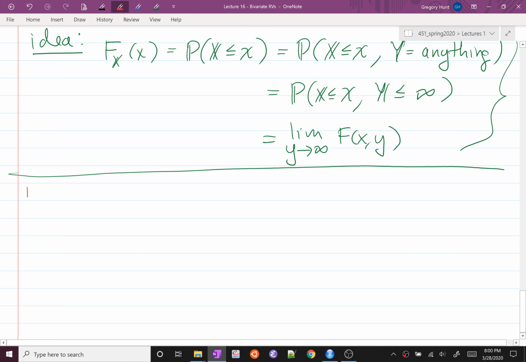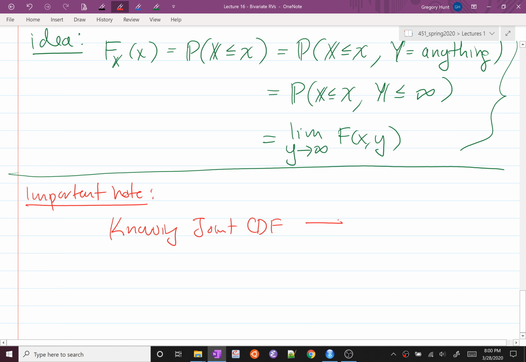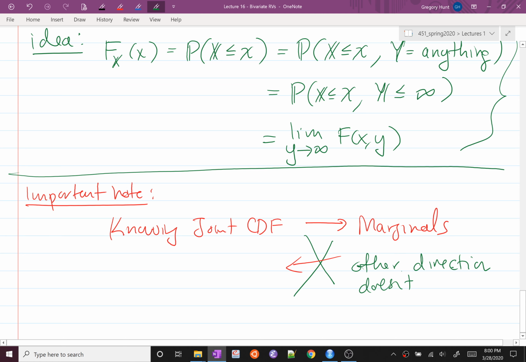So let's write that as an important note: unless I tell you something else, knowing the joint CDF will yield the marginals if I can compute those limits, but the other direction doesn't work unless I tell you some more information.